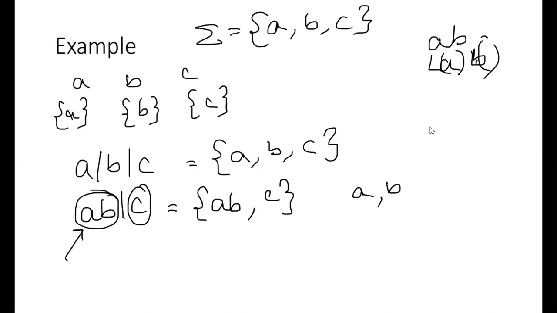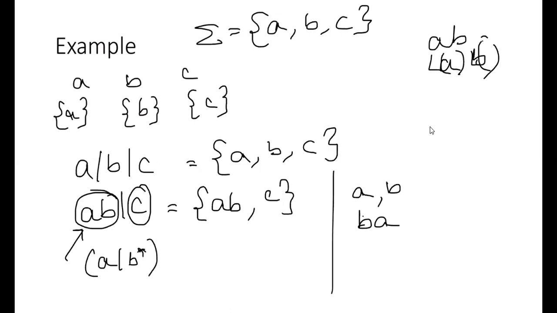There is no choice between A and B. There is a concatenation between A and B. So A must come first, then B must come. Similarly, I cannot add BA because that is not our pattern. Our pattern is AB. So that is about choice, and concatenation also we have seen. Let's look at another example. Let's say A, comma, B star.